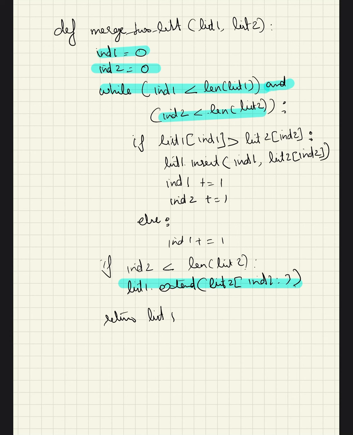So when do we actually insert? Let's say we figured out that the current element pointed to in list1 is greater than the current element pointed to by list2. Then we insert in list1 at the index 1 pointer the element in list2, and then we are incrementing both index 1 as well as index 2, right?